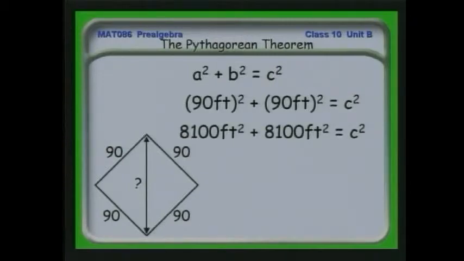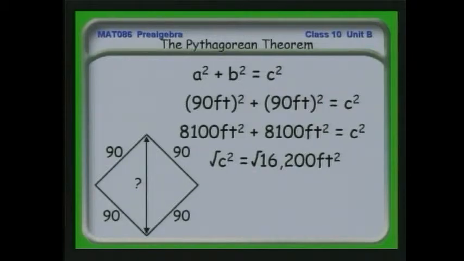The square of 90 is 8,100, 8,100, and if I square the foot, I get foot squared. Then if I add those two together, I get C squared is equal to 16,200 feet squared, but I want C. Now, this is a little bit more difficult and, in fact, a case for your calculator.